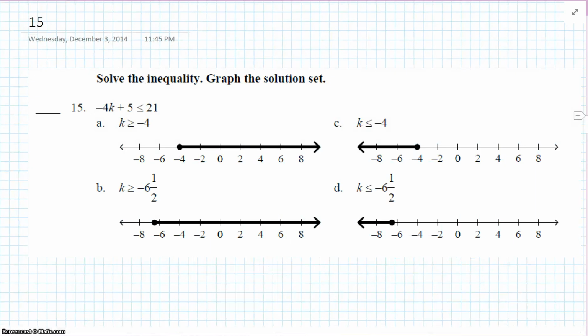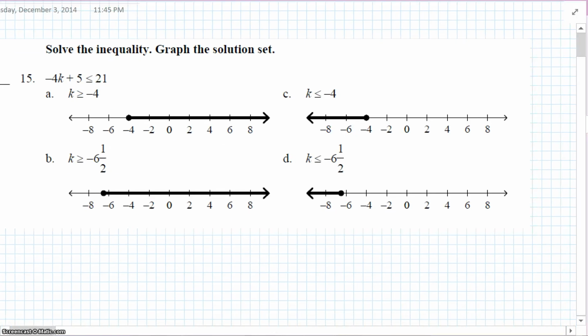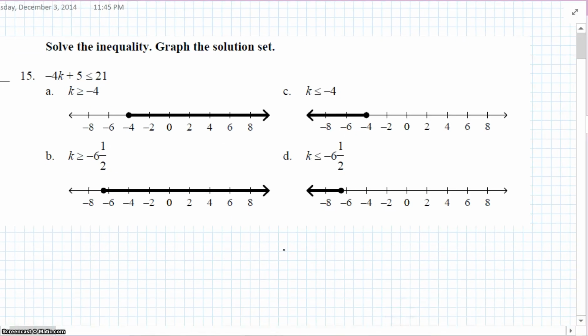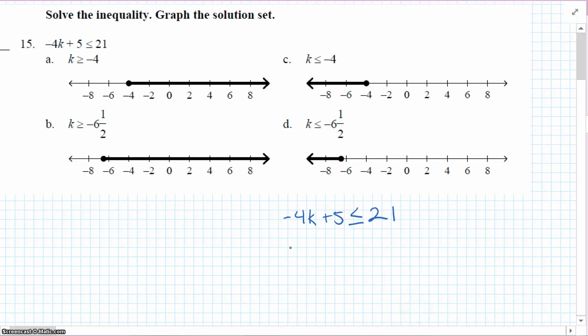All right, number 15. Solve the inequality, graph the solution. Here we go. I have negative 4x plus 5 is less than or equal to 21. Subtract 5 from each side. I'm going to get negative 4x, or 4k, less than or equal to 16.